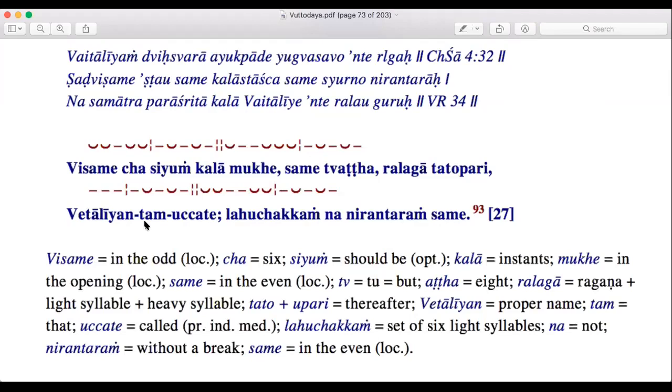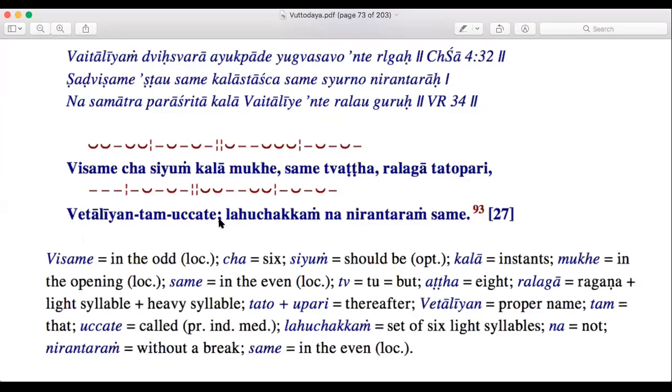One feminine word is gatha. One masculine word is siloka, shloka in Sanskrit. And one neuter noun is vutta. So here also vetaliyam vuttam, we refer to the neuter noun vutta and keep this in neuter gender. Tam, that verse is called Vetaliya.